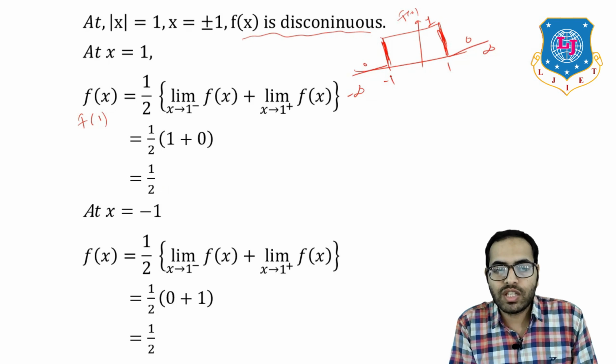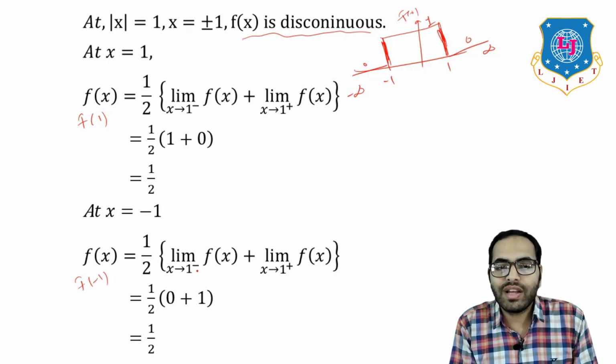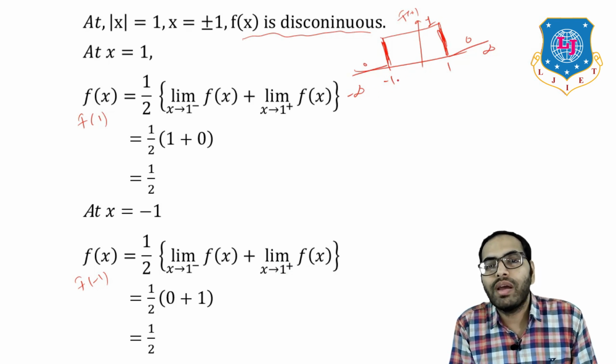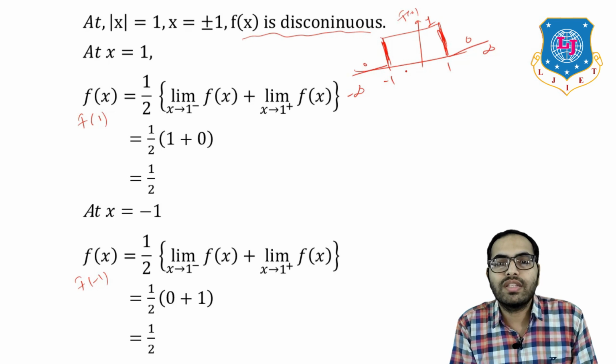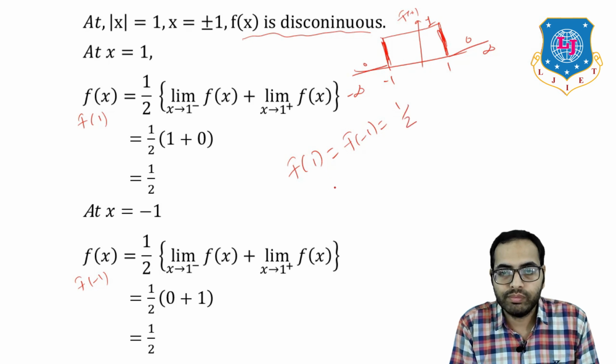Similarly at position minus 1, before the minus 1 and after the minus 1, f of minus 1 is equal to 1 half of limit x tends to minus 1 minus f of x plus limit x tends to minus 1 plus f of x. Substituting the values before and after the minus 1 position, that is 0 and 1, then 1 half of 0 plus 1, that is 1 half. So the values of f of 1 and f of minus 1 are 1 half.